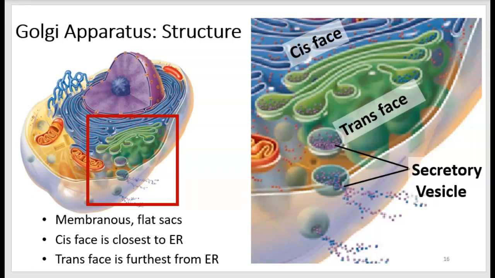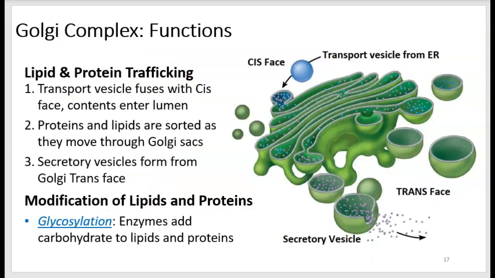Due to its role in sorting proteins and lipids, the Golgi is sometimes called the post office of the cell. And it sorts these proteins and lipids based on what kind they are, and by where they're ultimately destined to go. So I just want to review this process, and we'll look at the Golgi complex one more time.